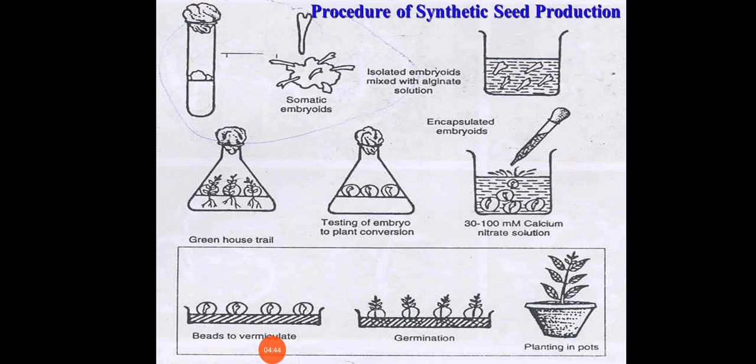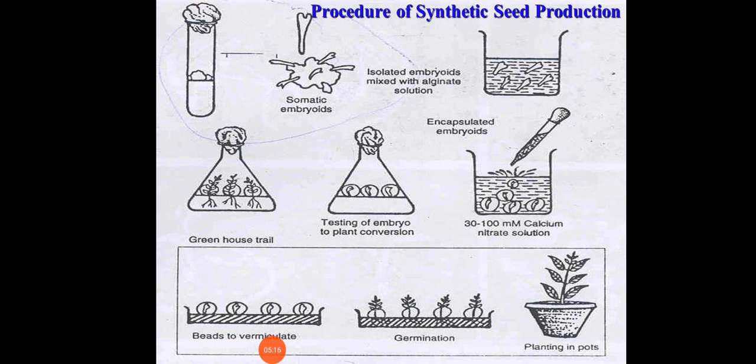Then we encapsulate the embryos with calcium chloride, a 30 to 100 millimolar calcium chloride solution or calcium nitrate solution. When we add the calcium nitrate solution to the sodium alginate mixture, each and every drop produces a bubble shape. So they are called embryoids.